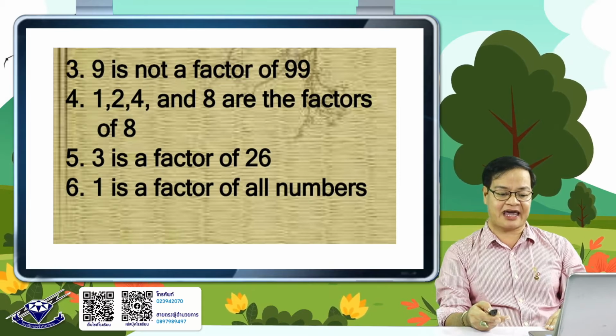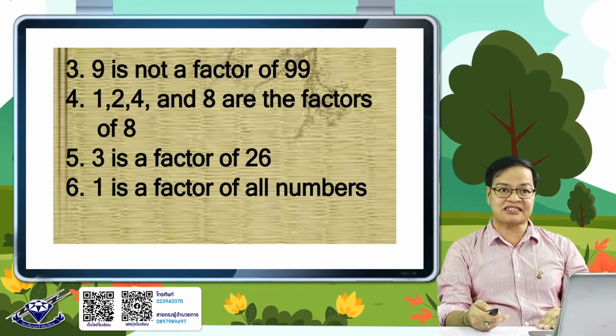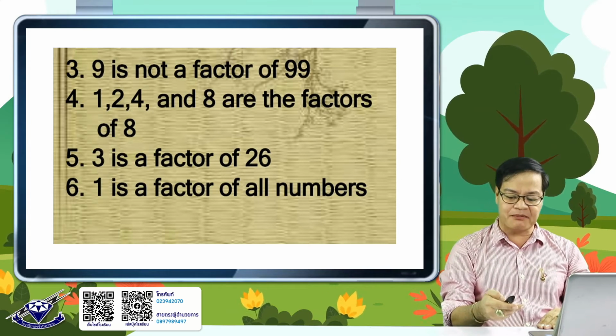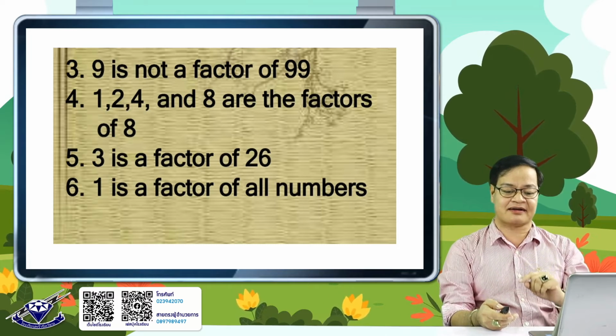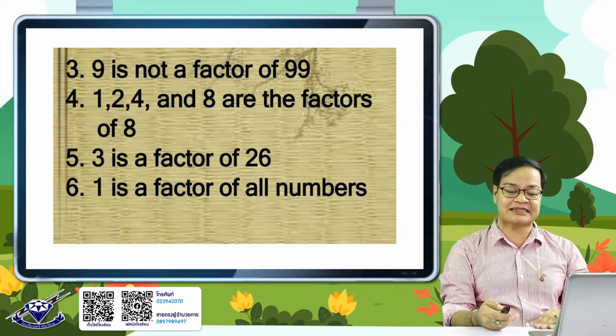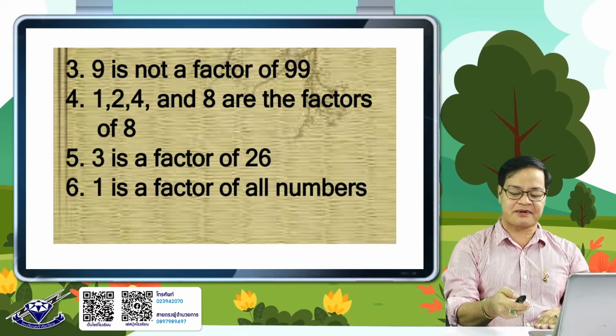So you write F. Last, we have number 6. 1 is a factor of all numbers. The statement is correct. So you need to write T. Okay. The statement is correct.